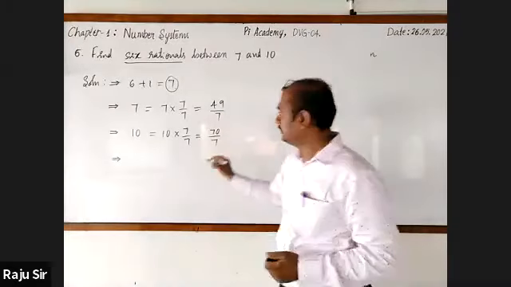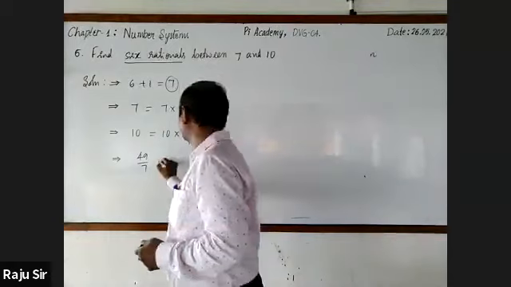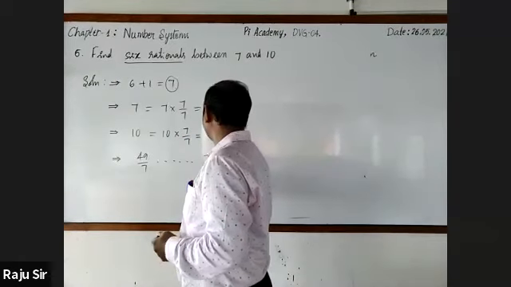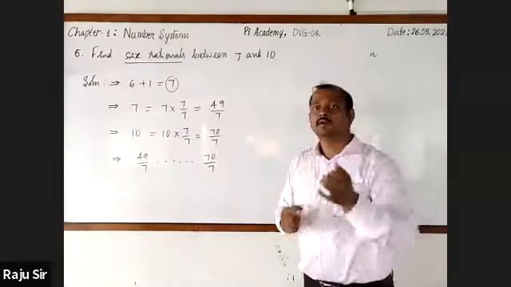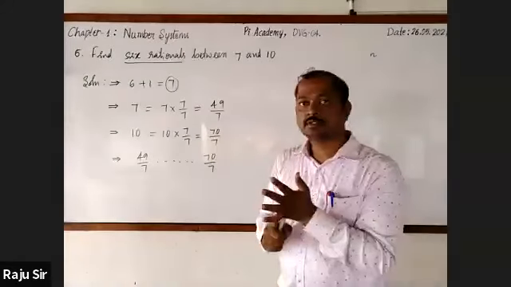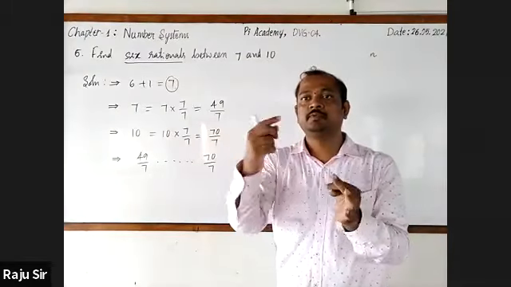Now, between 49 by 7 and 70 by 7, many are there. 50 by 7, 51 by 7, 52, 53, up to 69 by 7 are there.